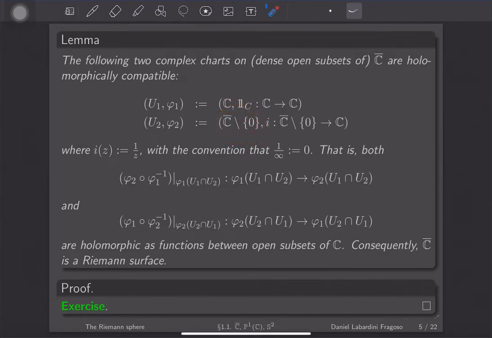Then you see C bar minus 0: we take C, we attach another point, and then we take off one point. So this C bar minus 0 should look just like C. It should look like C seen from another angle. And that's actually what happens.